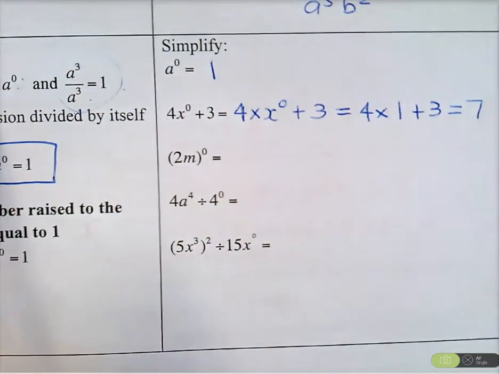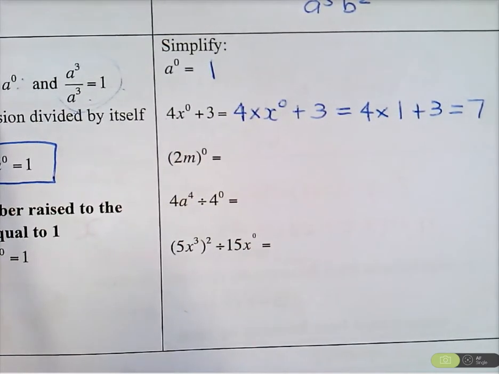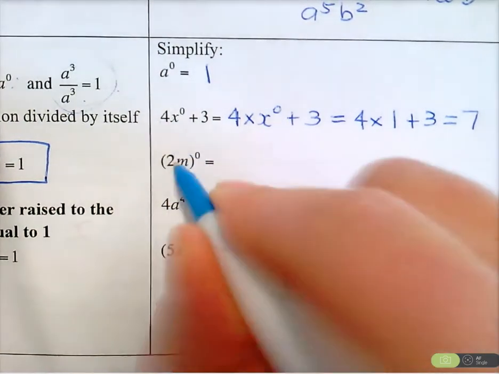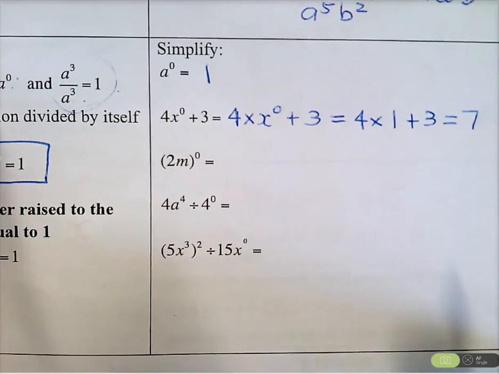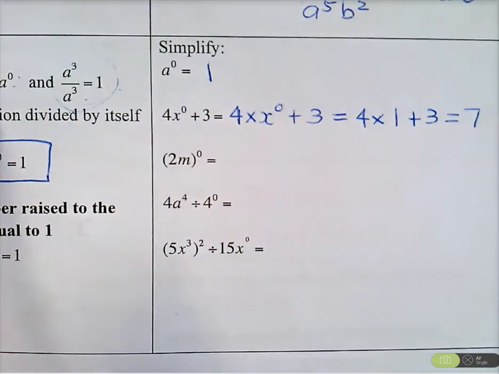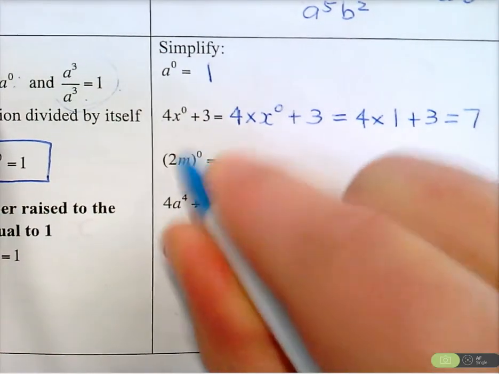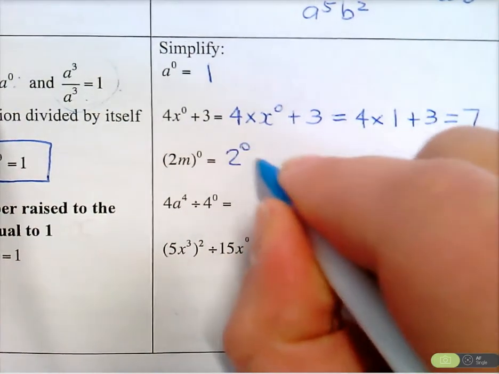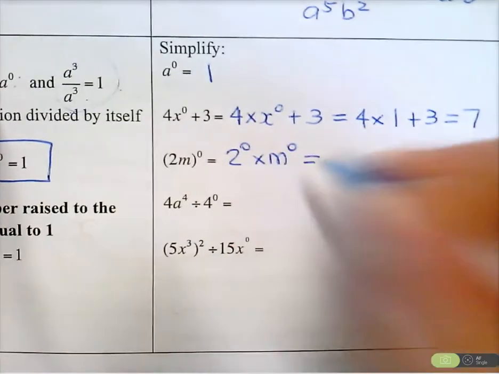Very good. Girls, all of the 2m, whatever it is, to the power of 0. What's the answer? 1. No, it's not 2. If you want to break it up, you can: 2 to the power of 0 times m to the power of 0.